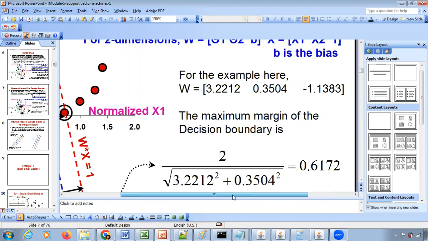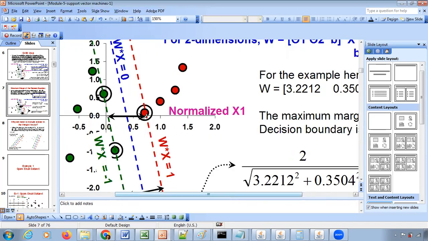I wouldn't say it is exactly equal, because what we are trying to find is something like this. That's the width of the decision boundary, but it should not be much different from the distance where the two lines hit the normalized x1 axis.